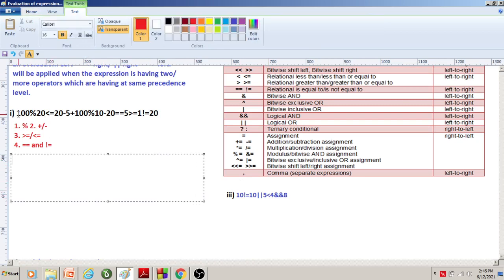So first we will evaluate 100 modulus 100, which is 0. What is the result here? A remainder will be the result.